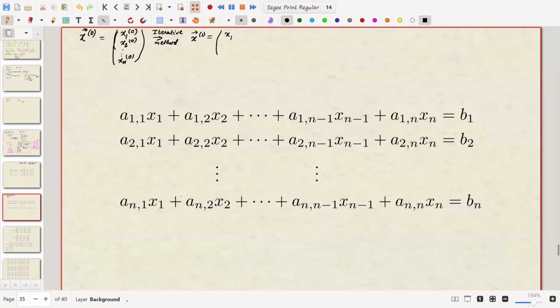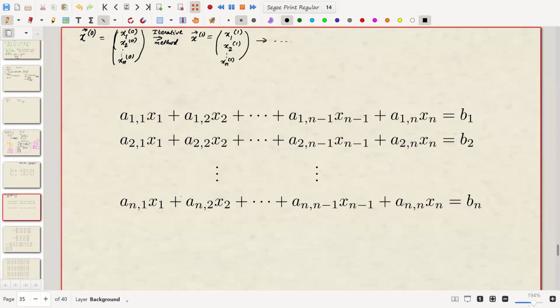What is the iterative solution? x1 of the first iteration, x1,1. You can see the updating going on here. What the iterative method is we will discuss, but I am giving you an overall idea of what is coming ahead. So we will have x2,1, and so on, xn,1, like the first step.